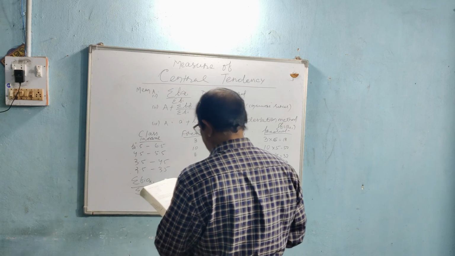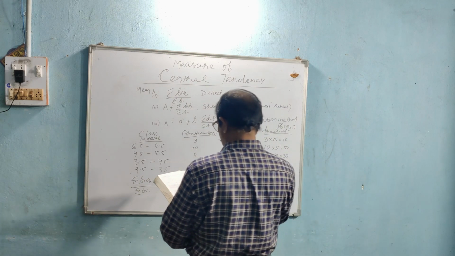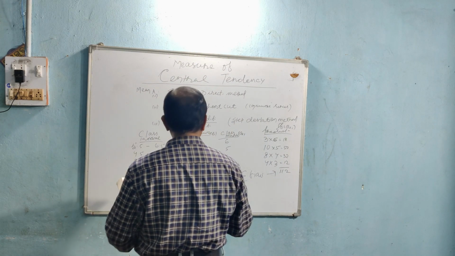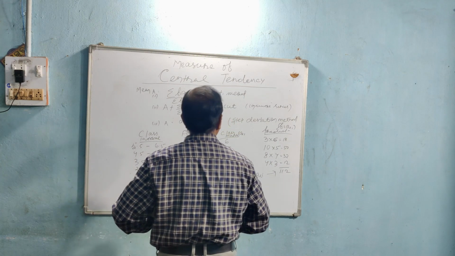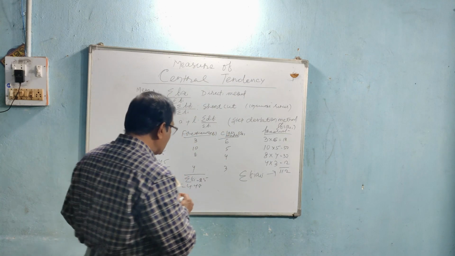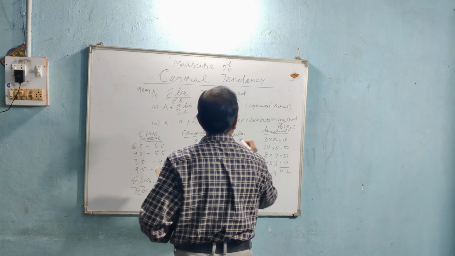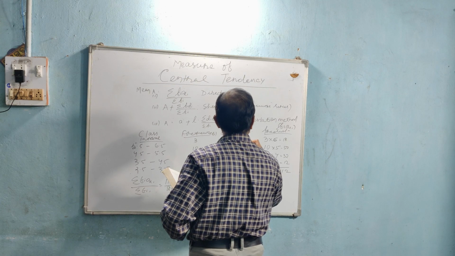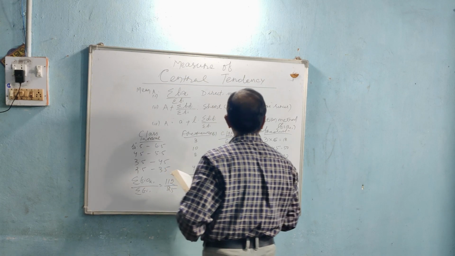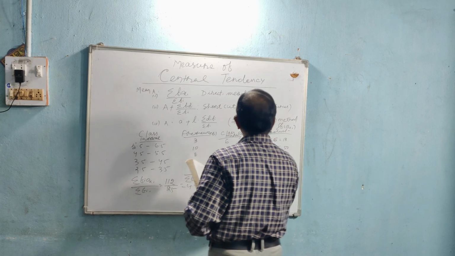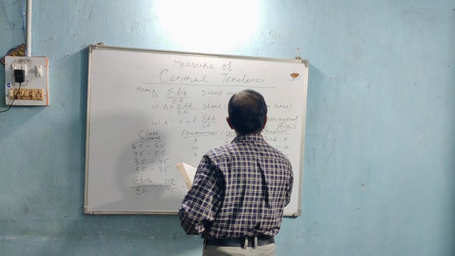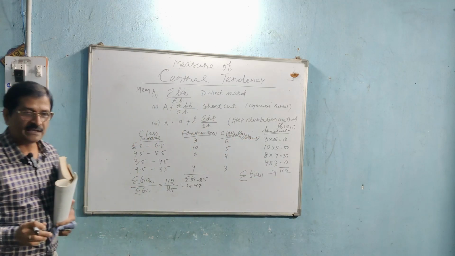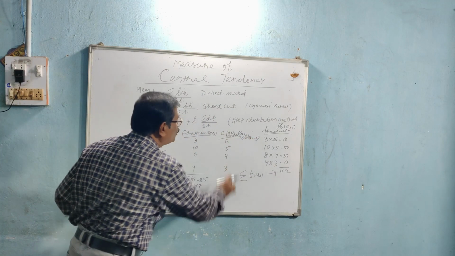As you see here in this case, we have taken 5. This is called d is equal to xi minus a. So you may ask me, sir, what is this a? This a is nothing but the assumed mean.